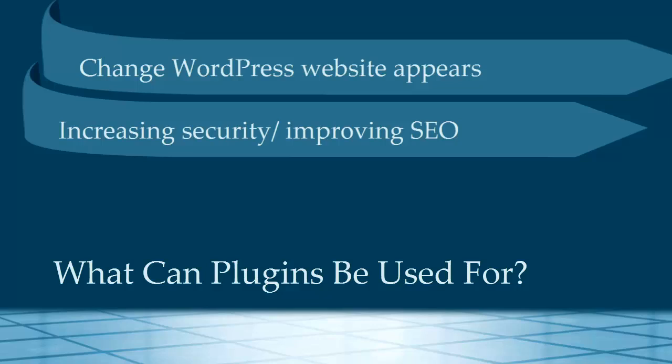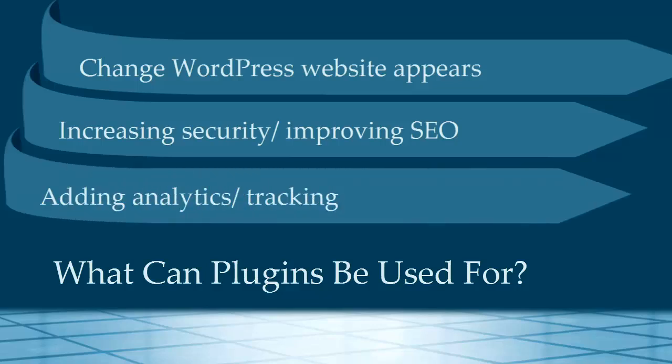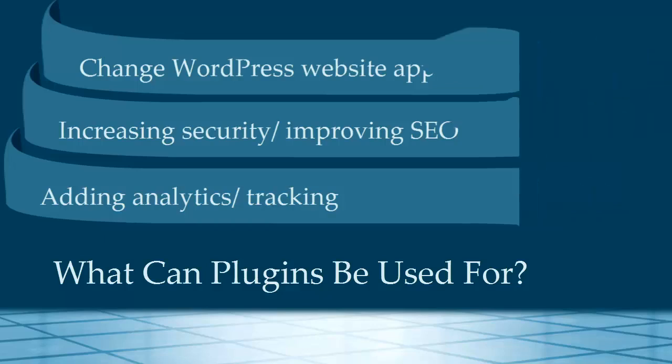You can use it to exclude pages from navigation. You can use it for SEO, for including Google Analytics or Google Sitemaps. There's so many different functions that plugins can provide. So what I'm going to do now is show you how you go about installing these plugins.